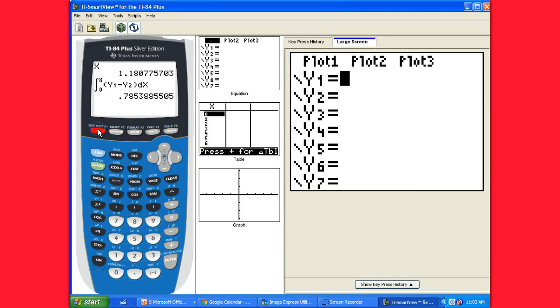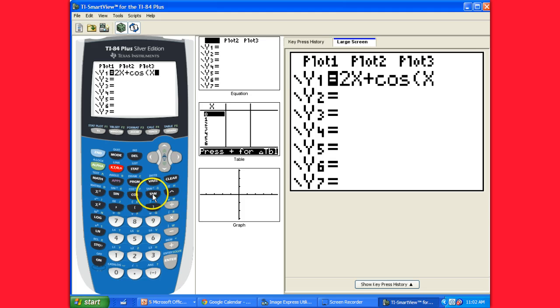How am I going to find that on my calculator where those two are equal to each other? 2x and then cosine x and then intersection. Okay, so I'm going to put what's in the left-hand side of the equation in y1. And I'm going to put what's in the right-hand side of the equation in y2.